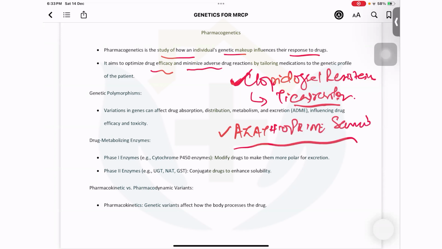There is an enzyme which is deficient in certain populations. TPMT. Yes, TPMT deficiency.